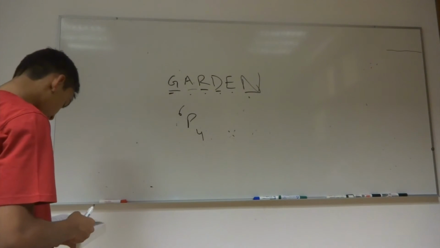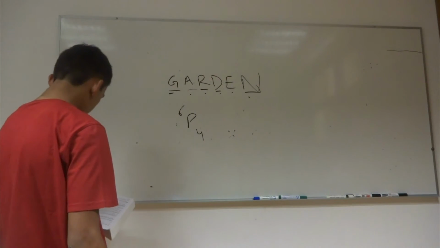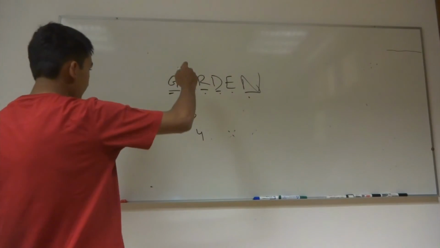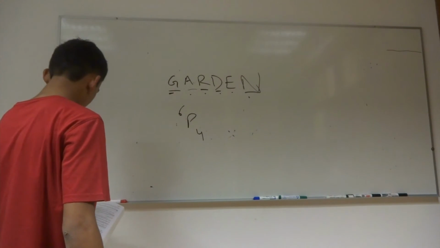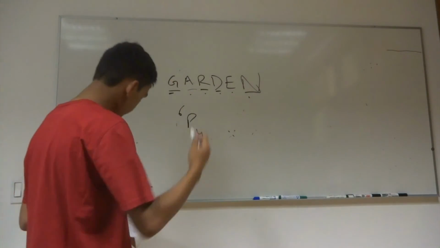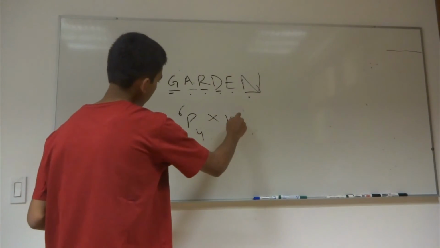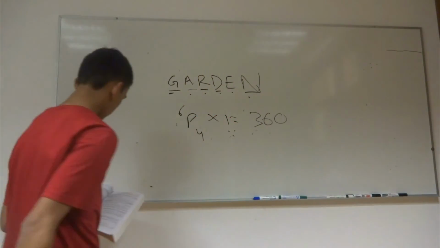Whereas in each of these arrangements, 2 places will remain in which the first will be filled by A, because A always has to be in the front, right? So times 1, which will give you 360. Let me explain it to you now.